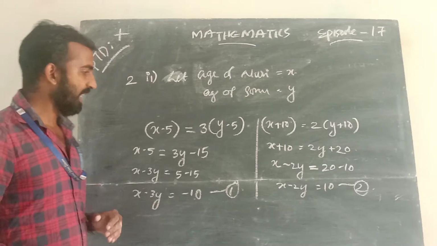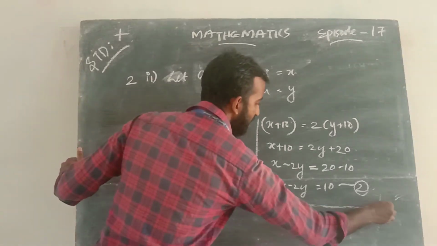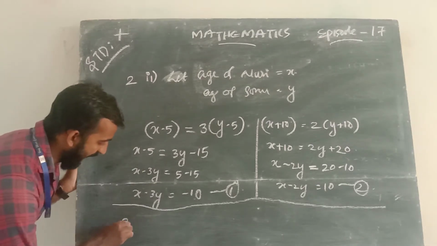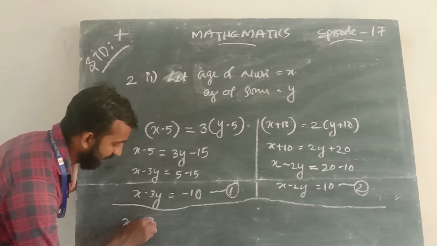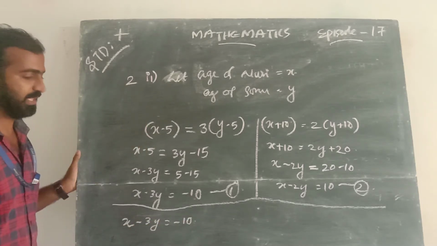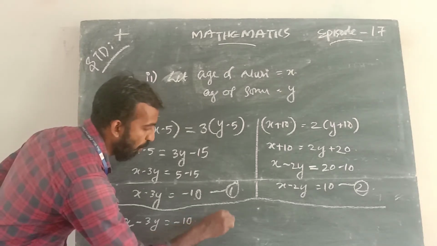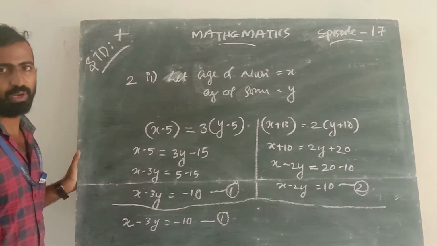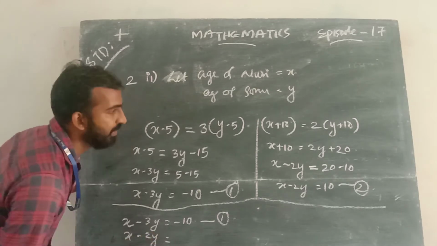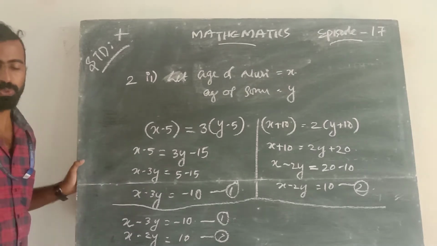So we rewrite the equations: x minus 3y equal to negative 10, equation number 1, and x minus 2y equal to 10, equation number 2.